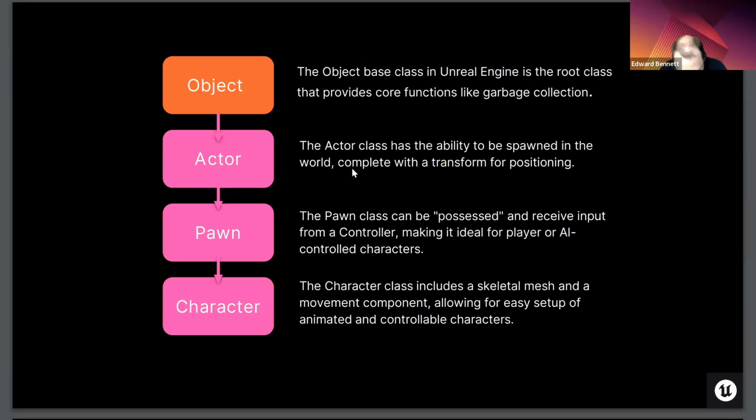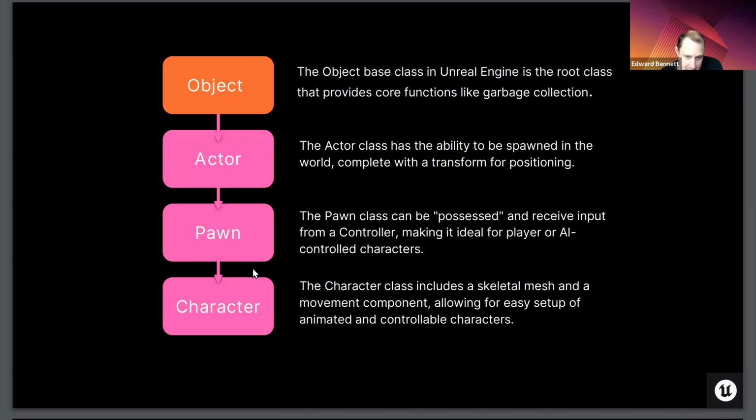This means an actor can exist within our levels. A transform means it will have a location, rotation, and scale. This is complicated functionality, which is just part of the actor class. Whenever you create a class that is a child of actor, it will have all of the functionality for being placed within the world.